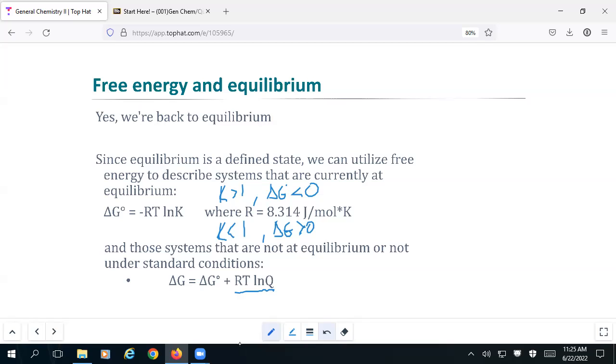And so that's what this second equation allows us to do. It allows us to solve those kinds of problems, which are related to equilibrium, but not exactly equilibrium, and give us a way to adjust those kinds of values to figure out, okay, we did this. Does that actually change the spontaneity of the forward reaction?